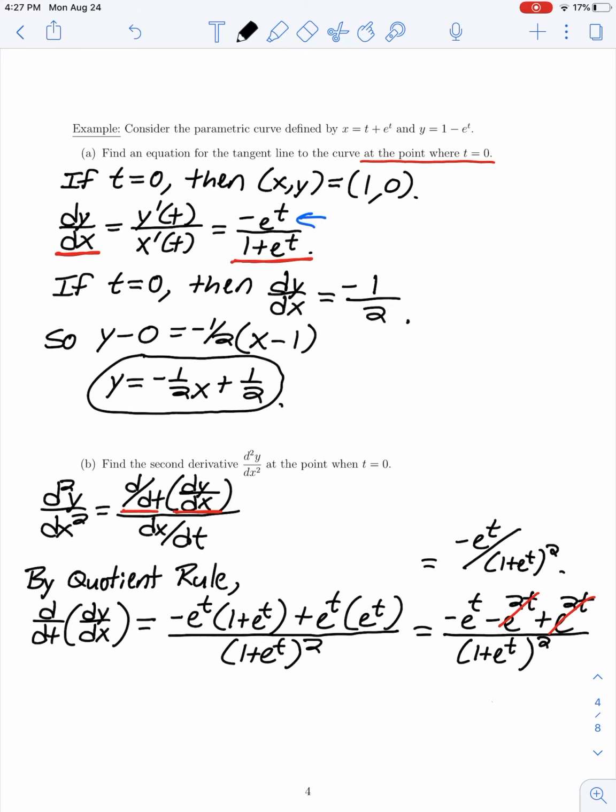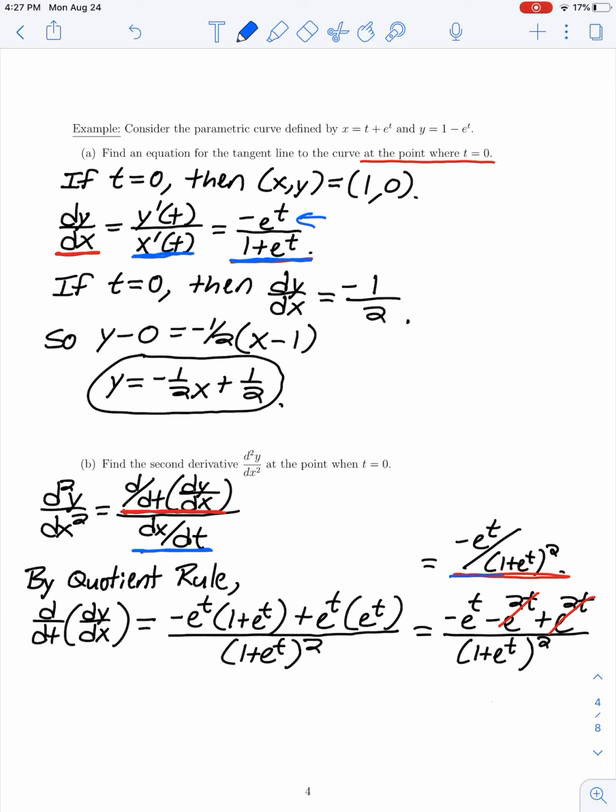So now, what we just found is only the numerator for our formula for this second derivative. We can't forget we still have to divide this expression by dx/dt, but we've already found dx/dt. In part A, when we found the first derivative, our denominator, x prime, is the derivative of x with respect to t. It's 1 plus e to the t.